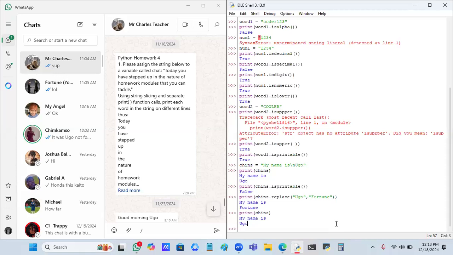Okay. So are you ready for starts with? Yes. Okay. So the starts with method returns true if the string starts. Can you spell it?